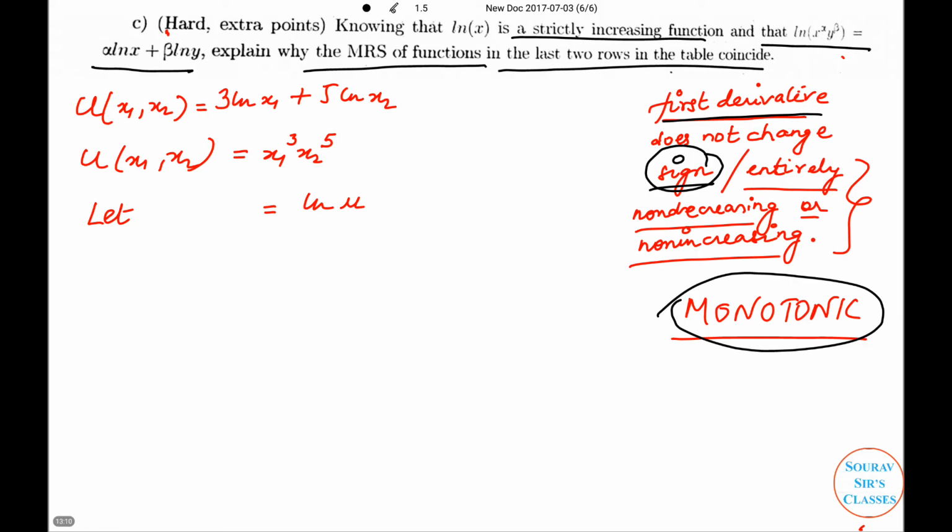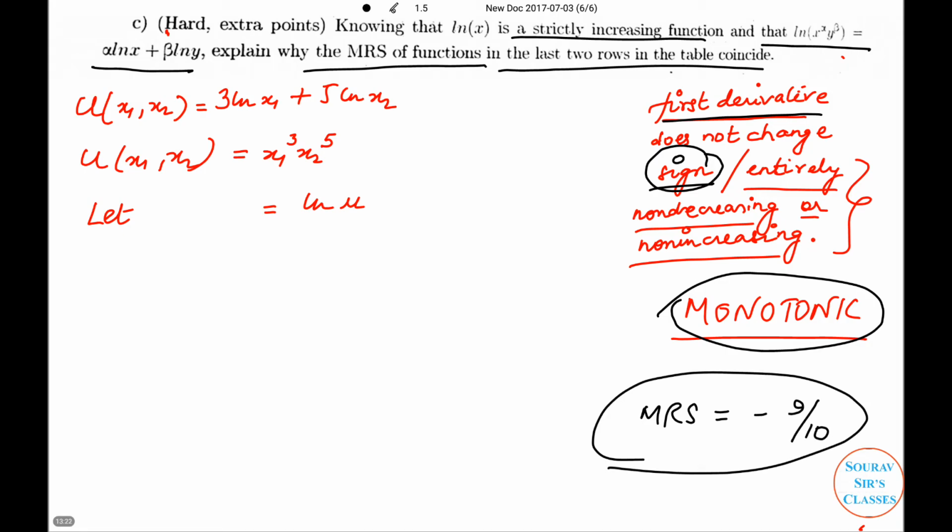So we have seen previously that for the last two functions, the marginal rate of substitution, if you remember, was 9/10. So they are asking why it is so. The answer is because one is the monotonic transformation of the other.